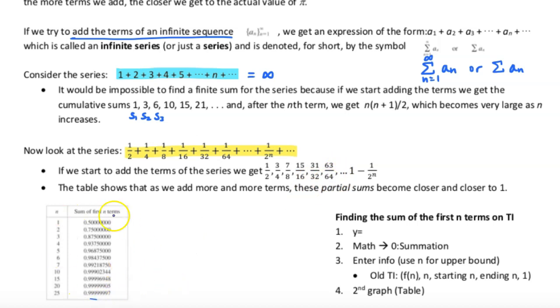And if I find that table in the calculator, that's exactly what I can see, is that the sum of my first n terms, well, at n equals 1, it looks like 0.5. But then as our n gets larger and larger, this gets very, very close to 1. So this value is very close to 1.